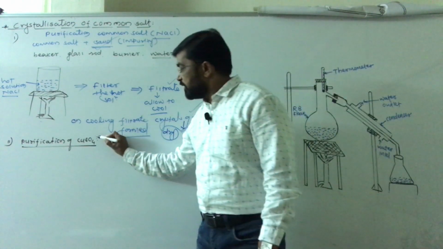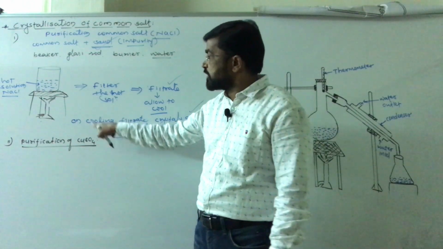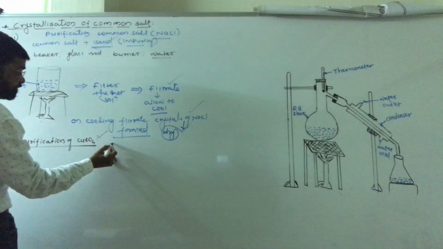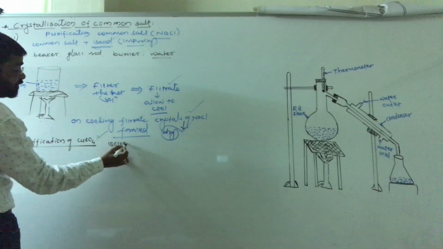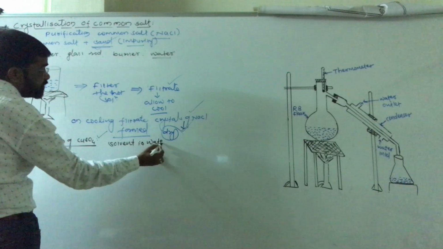So what to do? First of all, you have to prepare the hot saturated solution of copper sulfate in water. Here the solvent used is water in this process.